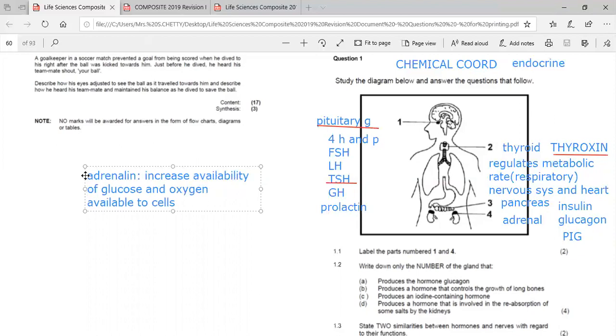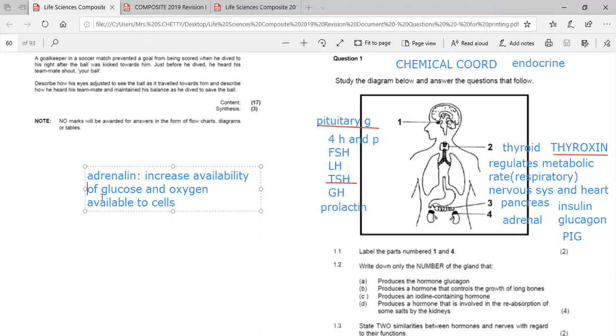Now, if you understand this concept, then you would be able to understand the functions performed by adrenaline. How are oxygen and glucose made available using adrenaline? But please, you've got to understand this first, and then the rest of it will make sense.